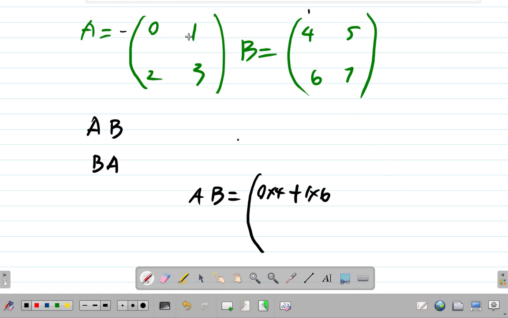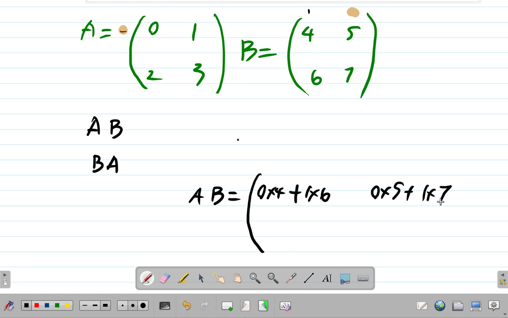Then, here, this is going to be in row 1, column 2. So we must multiply row 1 by column 2. So now, first element, 0, multiplied by 5. 0 times 5 plus second element, 1 times 7.